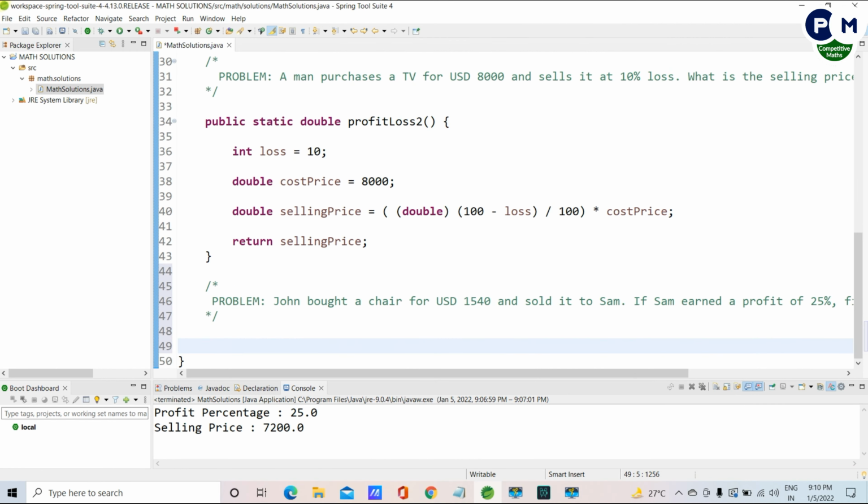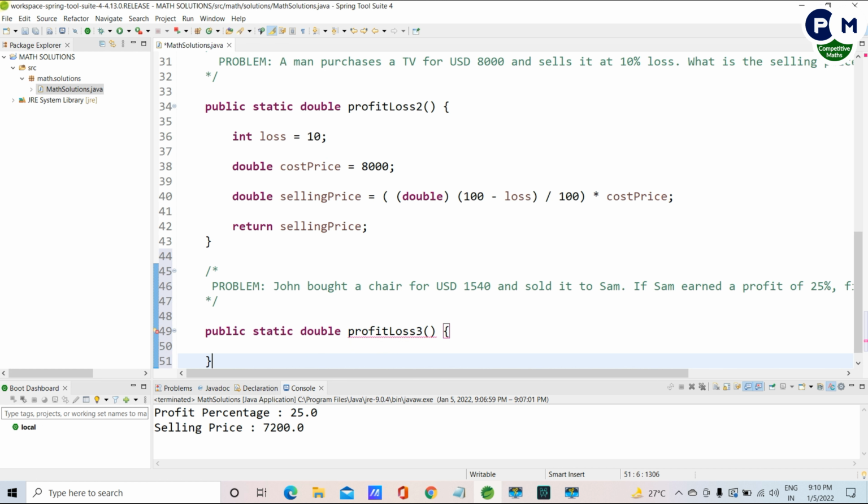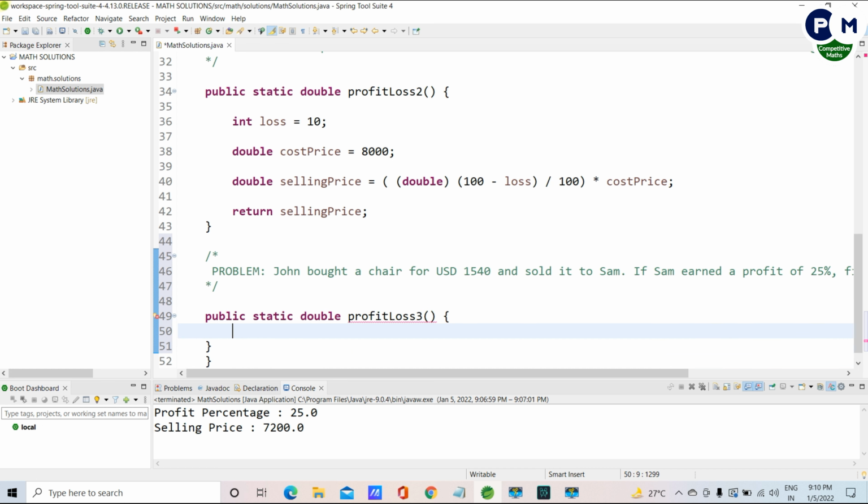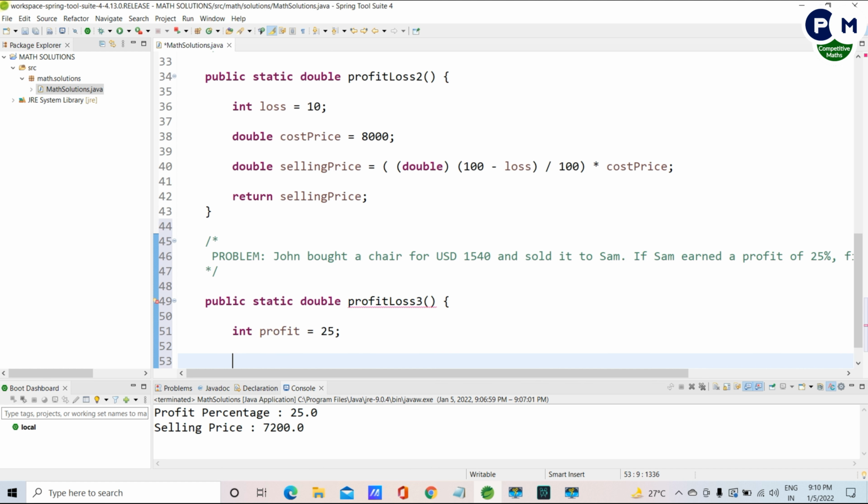Here is the problem statement. I am going to define a new method for determining the selling price for earlier solved problem 3. Define the profit and cost price member variables and initialize them.